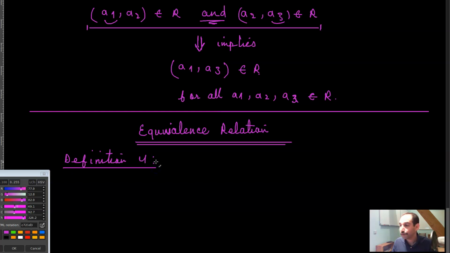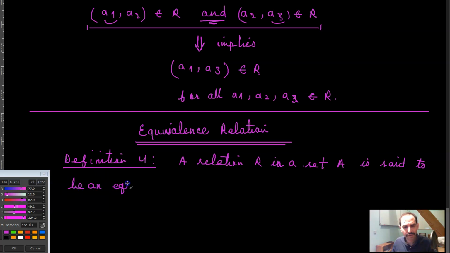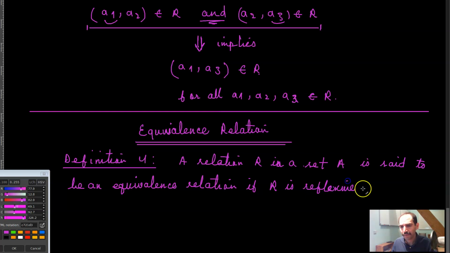Definition number 4 is a relation R in a set A is said to be an equivalence relation if R is reflexive, symmetric, and transitive.